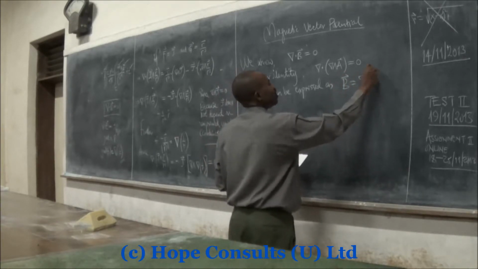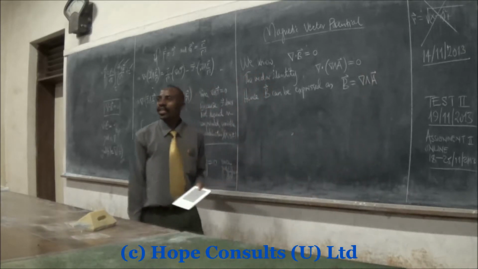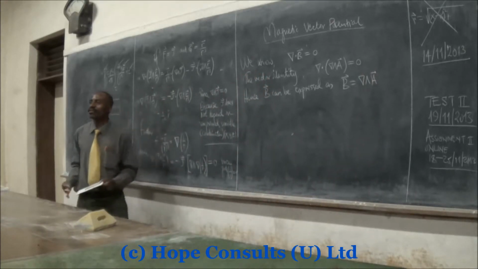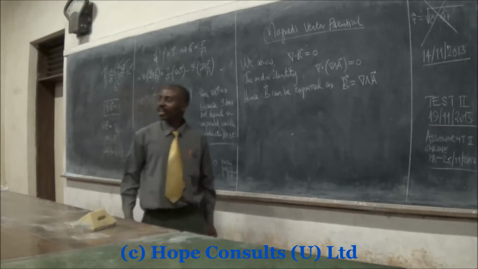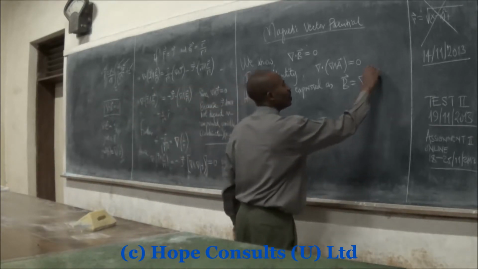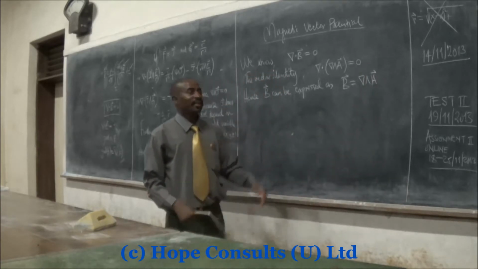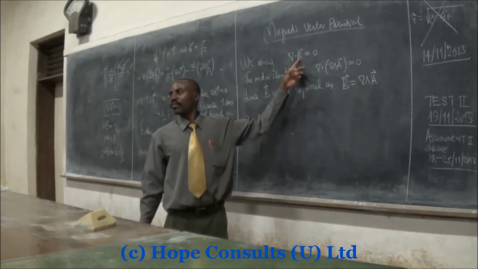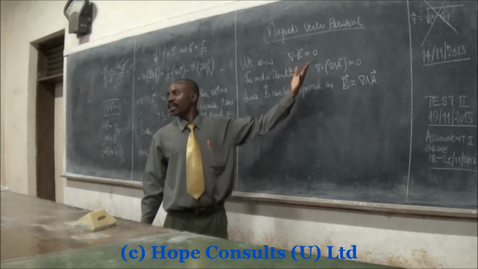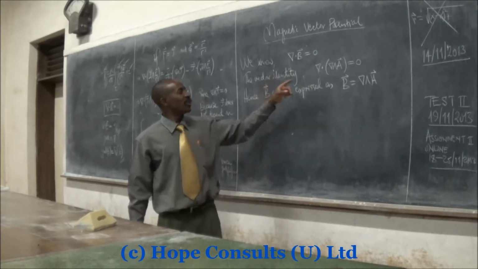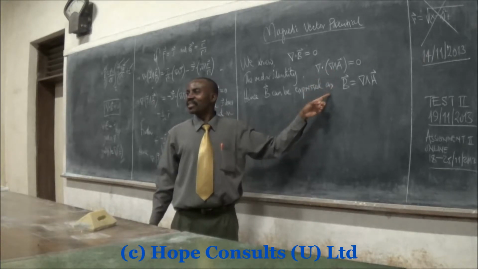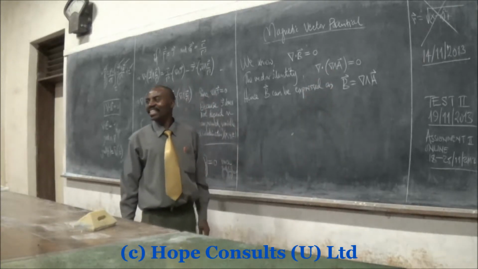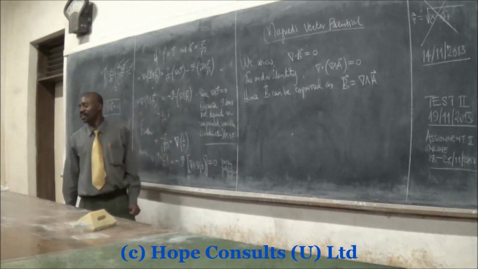I find this statement very confusing, as if you are just trying to forge things to get what you want. I don't know whether you agree with me. We've said the divergence of B is equal to 0. And then we say, if we took an identity of this nature, and then we say that B is equal to the curl of A, it doesn't make sense in a way.